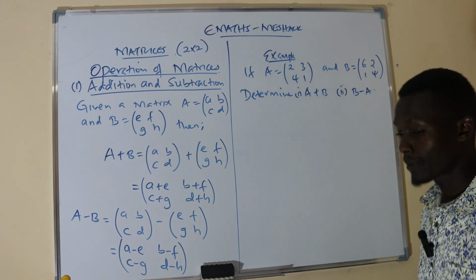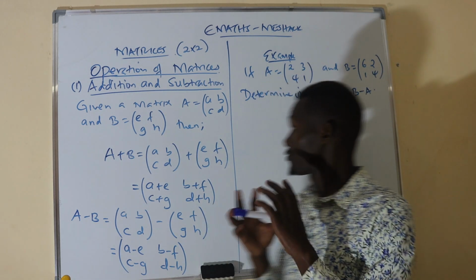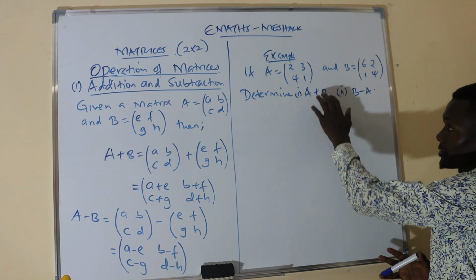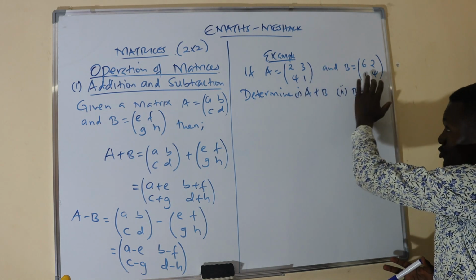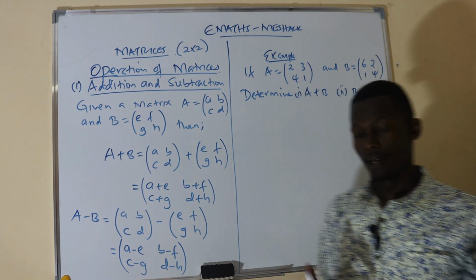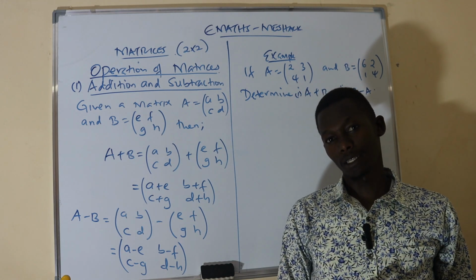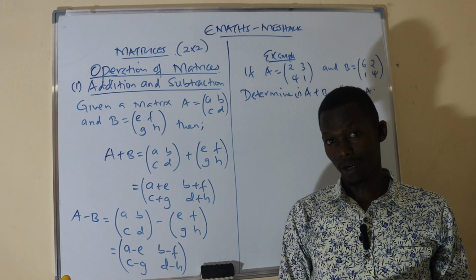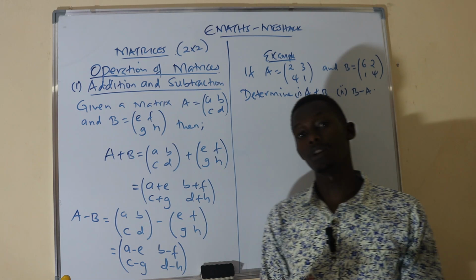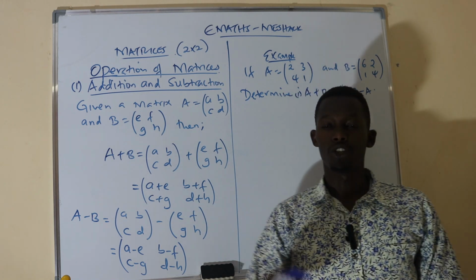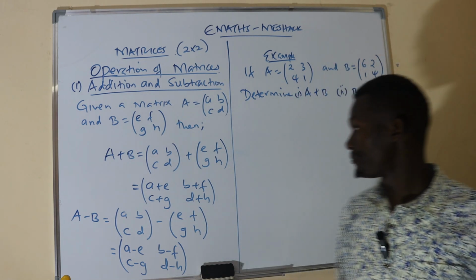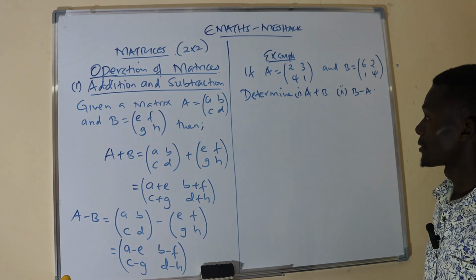The same process applies. These are 2 by 2 matrices. Remember again, matrices can only be added and subtracted if they are of the same order. A 2 by 2 matrix can only be added to a 2 by 2 matrix, and a 2 by 1 matrix can only be added to a 2 by 1 matrix.